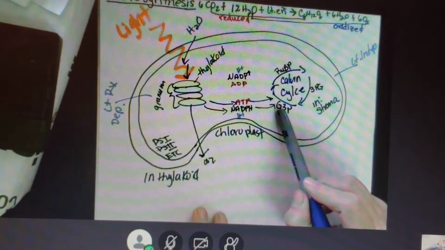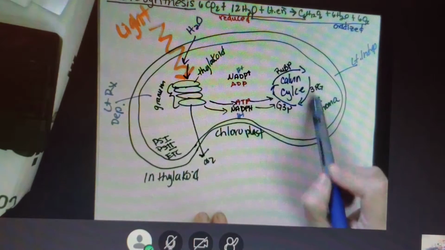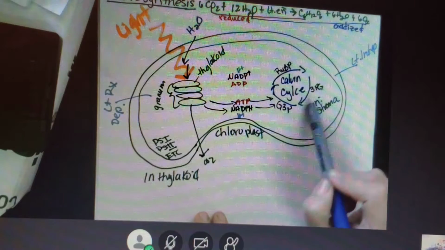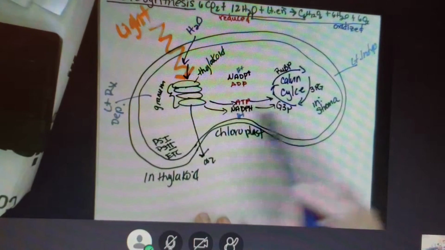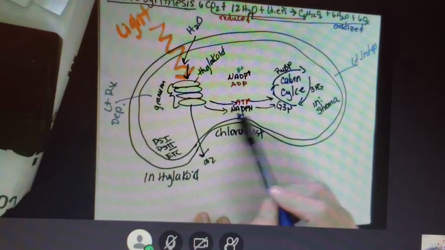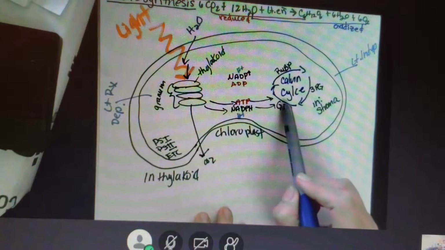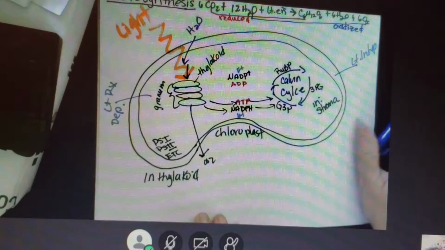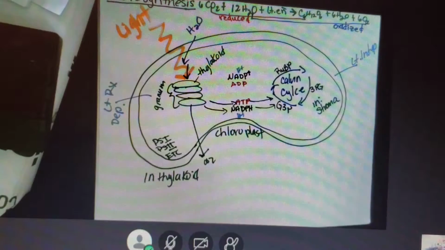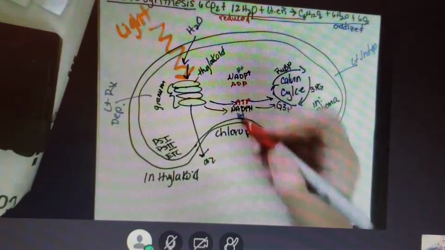Easy to confuse. And it's just a molecule that's been rearranged. It looks this way, okay? And so we're going to send some ATP and NADPH over to the Calvin cycle, all right? And the Calvin cycle, what was our other product that had to come in? This should be O2, not CO2.